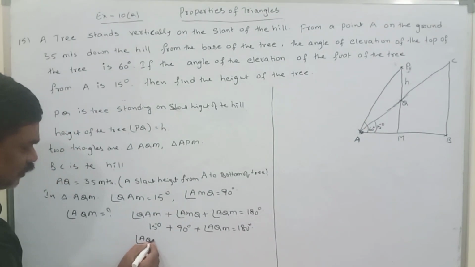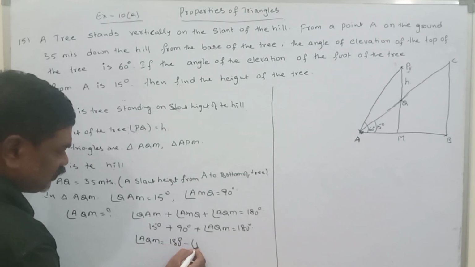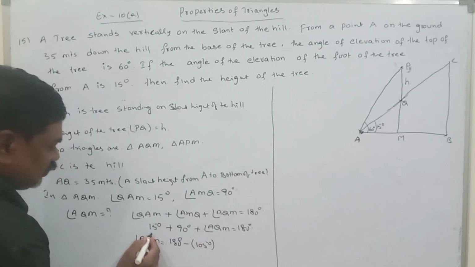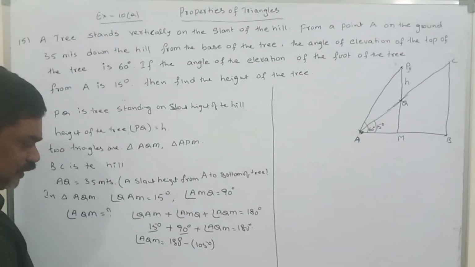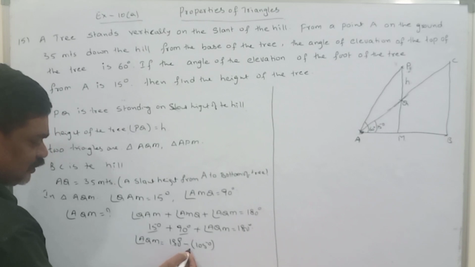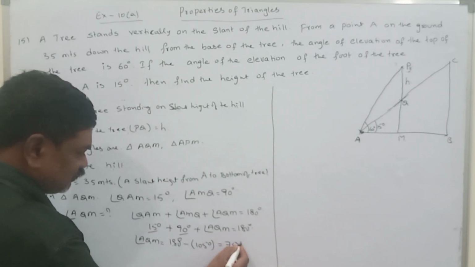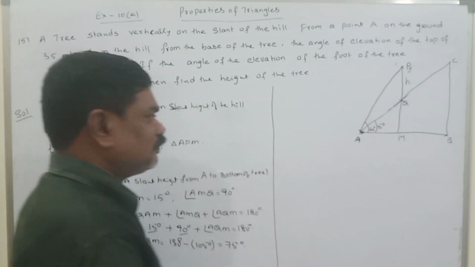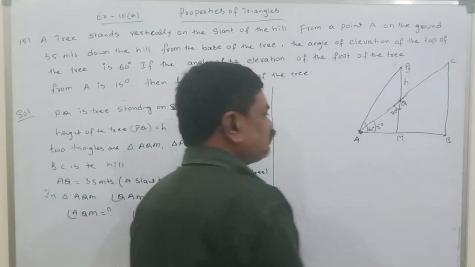Angle AQM is equal to 180 degrees minus 105 degrees, since 15 degrees plus 90 degrees is 105 degrees. 180 degrees minus 105 degrees is equal to 75 degrees. So this angle is 75 degrees.